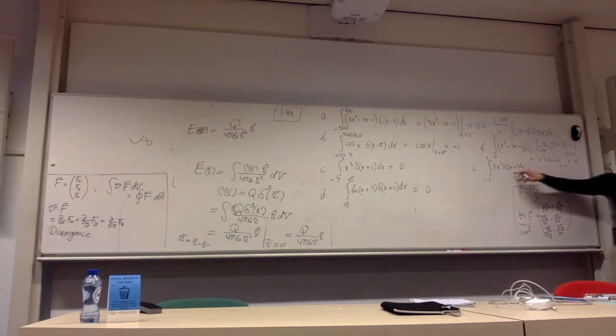You need minus 1/3 to make this work. Squared, so that gives you 1 over 9 times this 9 gives you 1.